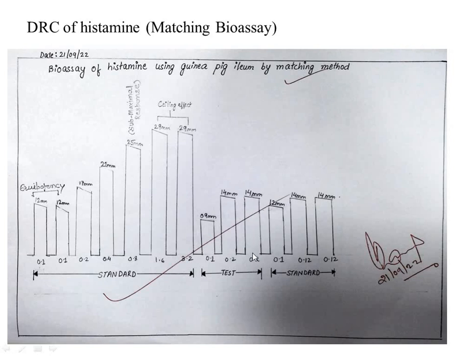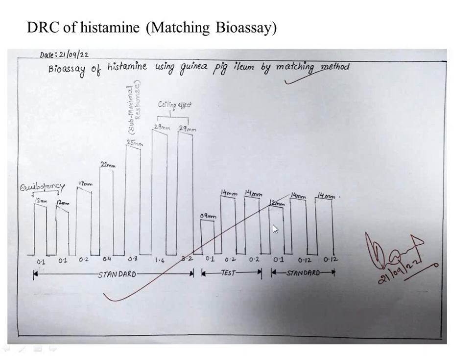Now what we have to do, as we have given the test drug and we have got the response that lies in between the minimum standard and the submaximal response of standard, that is 14 mm. So now we will give the 0.1 microgram per ml of standard, and as we got initially 12 mm, again we will get 12 mm.